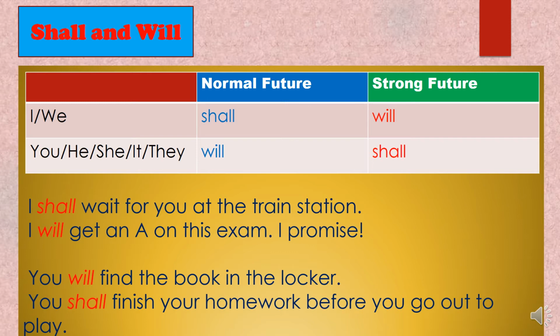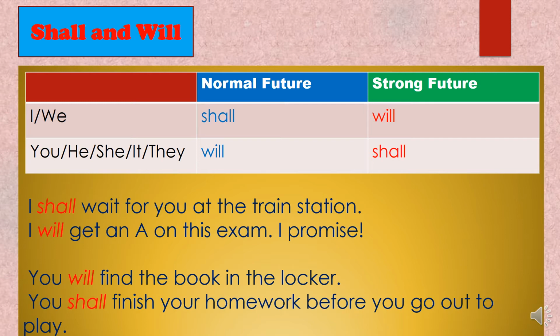In anything which is a normal condition, a simple future tense, you can say I shall wait for you at the train station. But in the case of a strong future, when the situation is very intense, when something strong is there, the modal that we will use for the first person will be will.